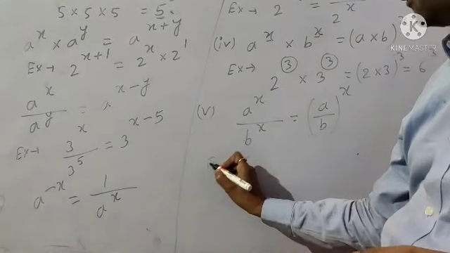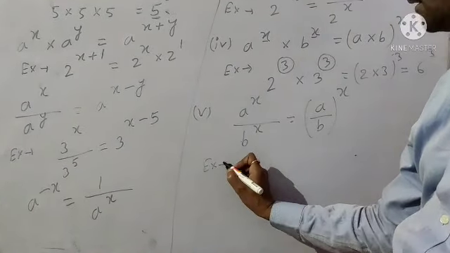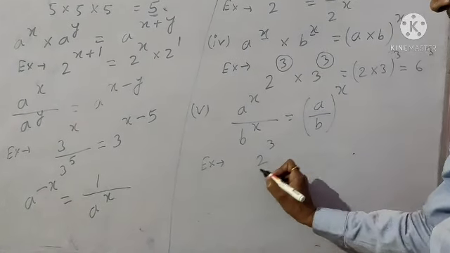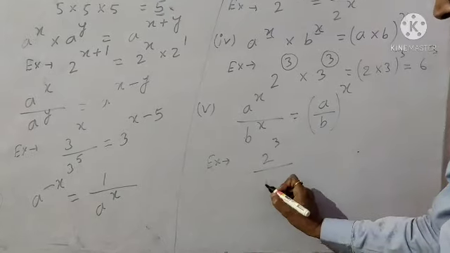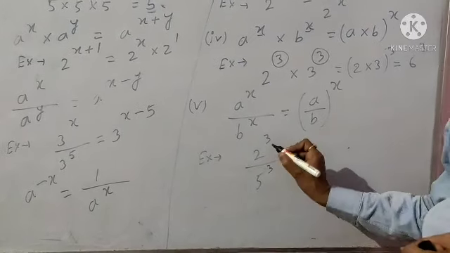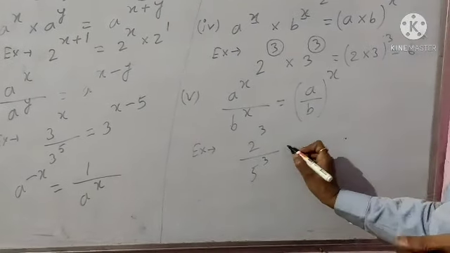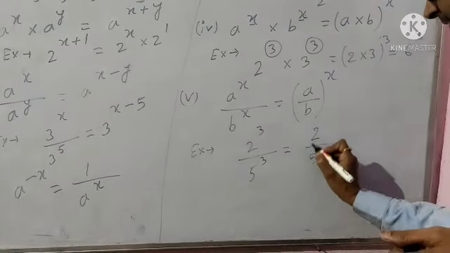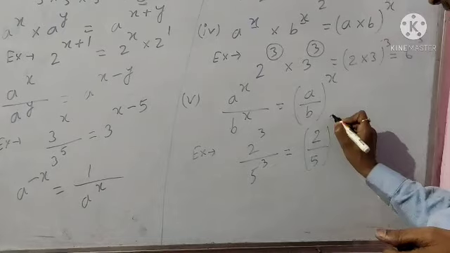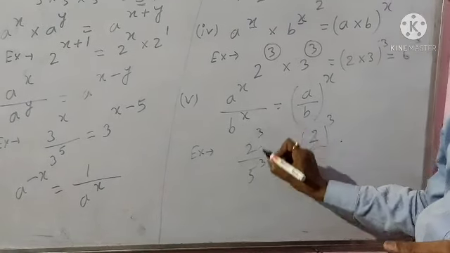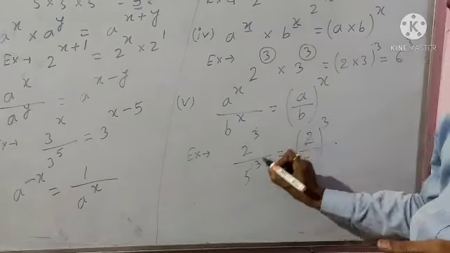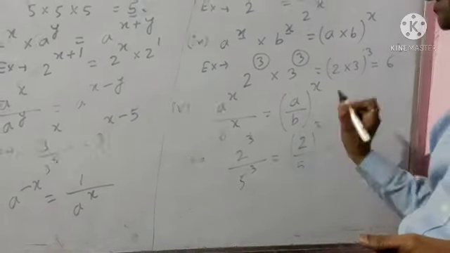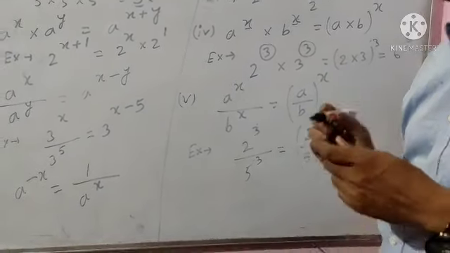Take one example: 2 to the power 3 and 5 to the power 3. Then we can write 2 by 5, the whole power is 3, because the powers are equal. This is property number 5.